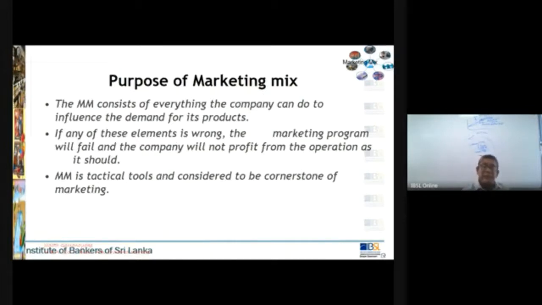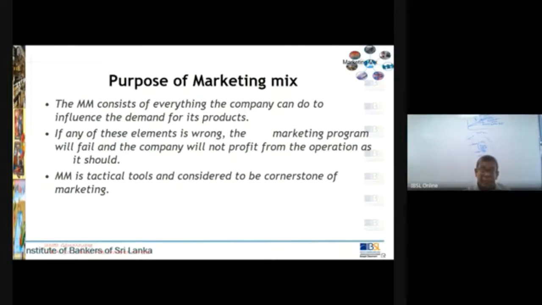Next one. So the marketing mix, MM meaning marketing mix, consists of everything the company can do to influence the demand for its product. You create demand. Right now you see in India, even in Sri Lanka, who are they using?